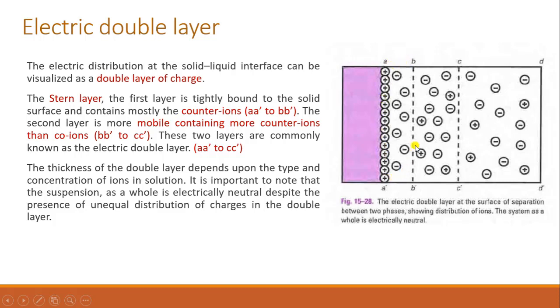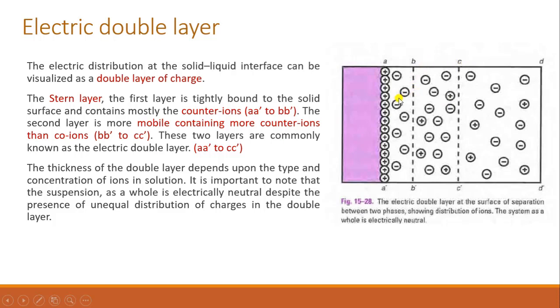This region contains mostly the counter ion, and as I have explained, the attraction of the solvent molecule and counter ion is such that this layer moves with the solid particle. This is called the tightly bound layer. The second layer is more mobile and contains more counter ion than co-ions, that is the region of BB dash to CC dash.